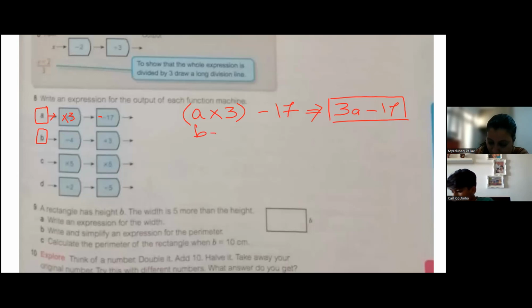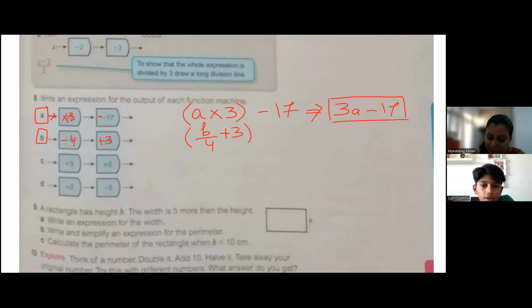Actually b is divided, so b divided by 4, and then plus 3. So first of all, b is being divided by 4, and then 3 is added to it. This will be the output.